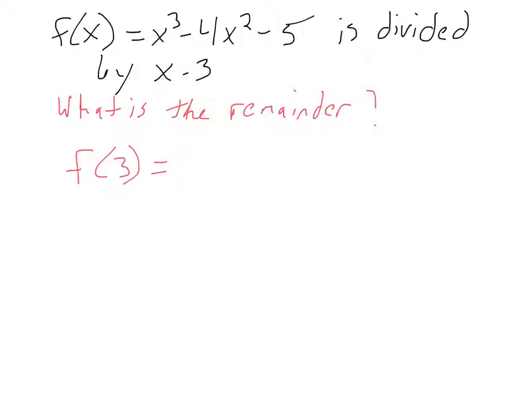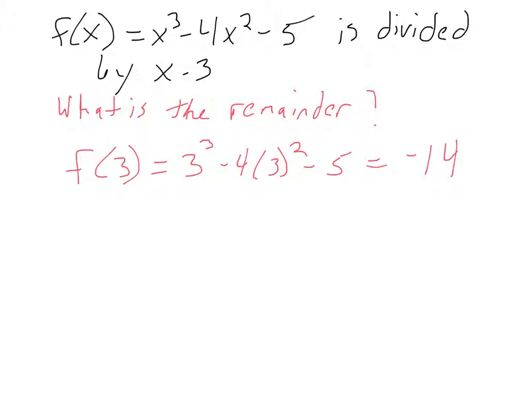So if we go ahead and evaluate that, we get 3 cubed, which is 27, minus 4 times 9, which is 36. 27 minus 36 is negative 9, minus 5 is negative 14. Okay. So that tells me that the remainder is negative 14.